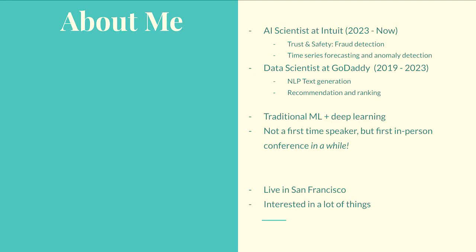And while I'm not a first-time speaker, I have spoken at PyOhio before, but that was a virtual one. But this is the first in-person conference in a while, and that's amazing. I live in SF, but I actually just recently moved to the city. It's been amazing. And I'm interested in general in a lot of things. When people talk about their passions, it's something they've been doing for a long time.